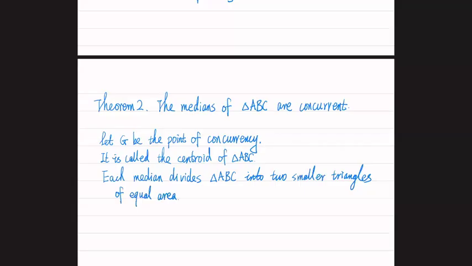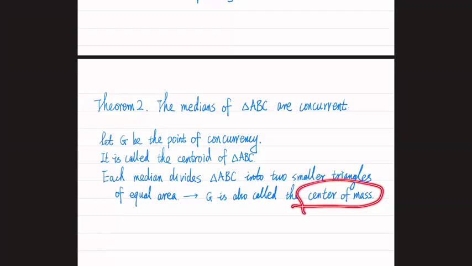Because of this, the centroid is also called the center, more popularly in physics, the center of mass.